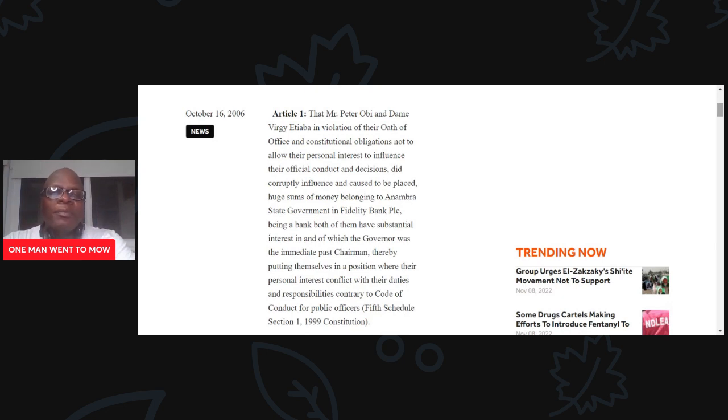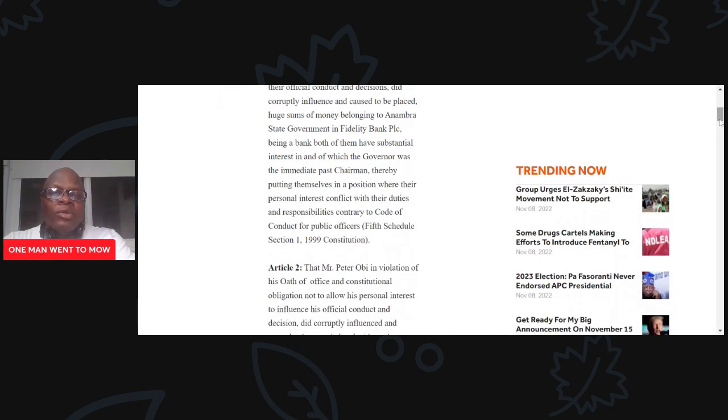Article 1, that Mr. Peter Obi and Dame Virgie Atiaba, in violation of their oath of office and constitutional obligation not to allow their personal interest to influence their official conduct and decisions, did corruptly influence and cause to be placed huge sums of money belonging to Anambra State government in Fidelity Bank PLC, being a bank both of them have substantial interest in, and of which the governor was the immediate past chairman, thereby putting themselves in a position where their personal interest conflicts with their duties and responsibilities, contrary to Code of Conduct for Public Officers, Fifth Schedule, Section 1, 1999 Constitution.